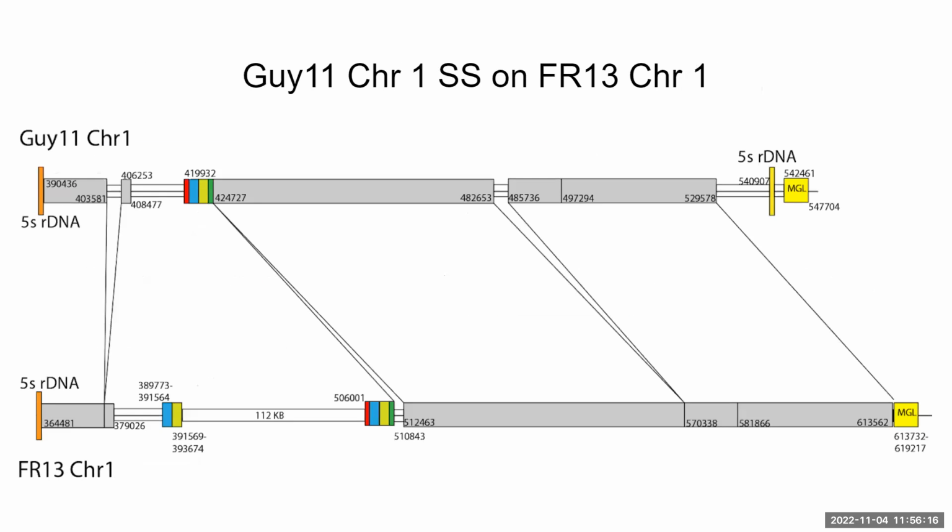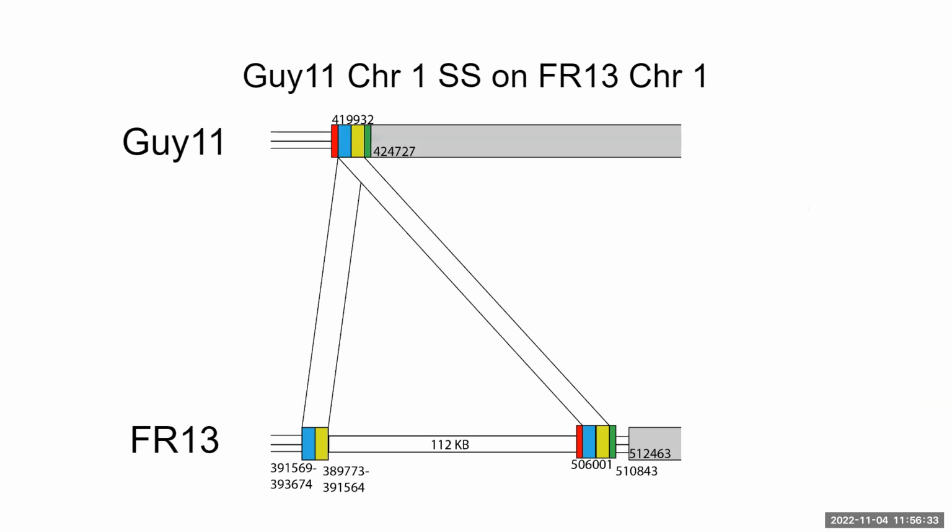All right, this is that second example that I showed you all earlier about the G11 chromosome 1 Starship on the FR13 genome, where that 3' end along with the flanking sequence was deleted. Again, this is kind of a cartoon version I made from what I saw on IGV. I'm going to dive into a little bit more of what we saw, including this internal deletion.